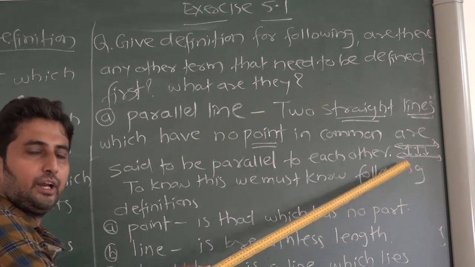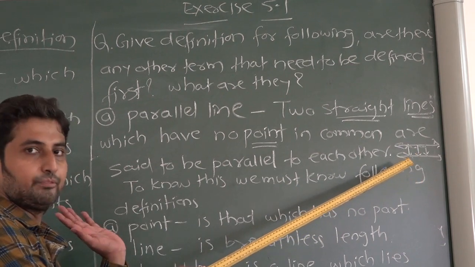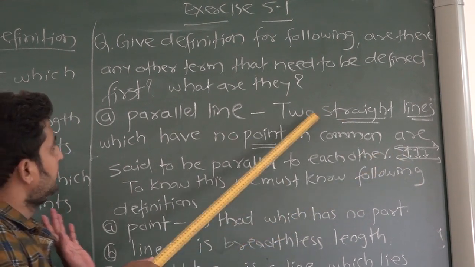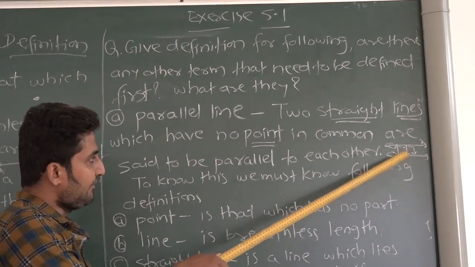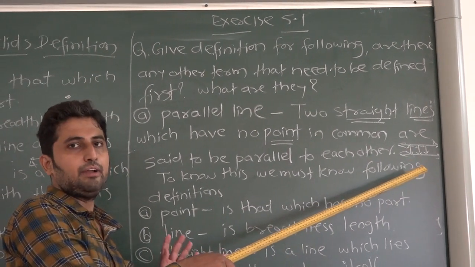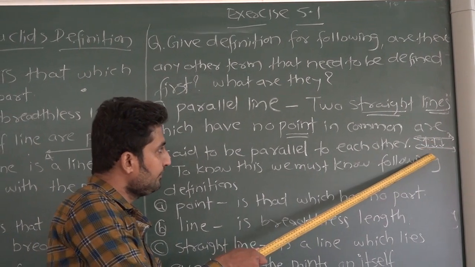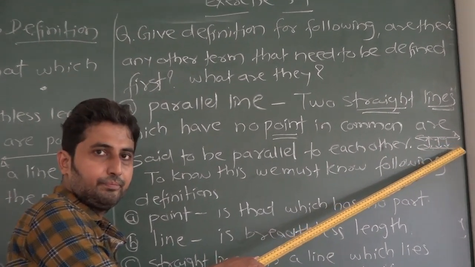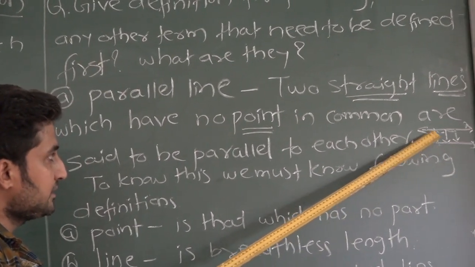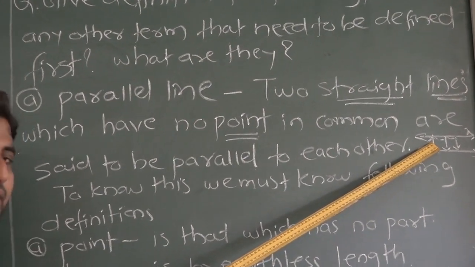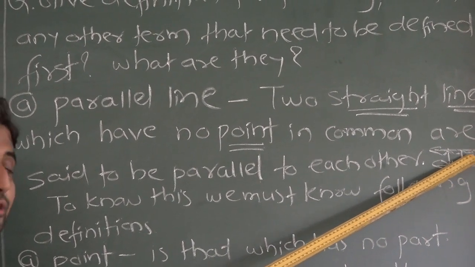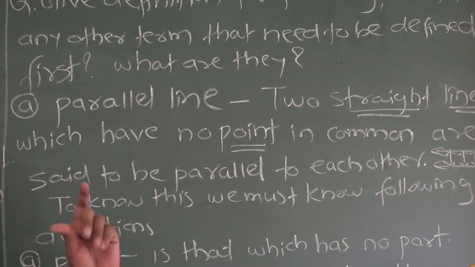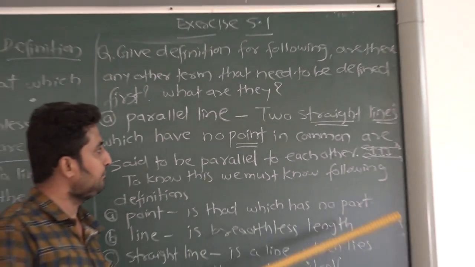Moreover, they have no common point. That is the condition. These two lines are away from each other and don't have any common point. Moreover, the distance between them is the same: the distance at this part is the same as at this part and this part. So the distance should be maintained here.